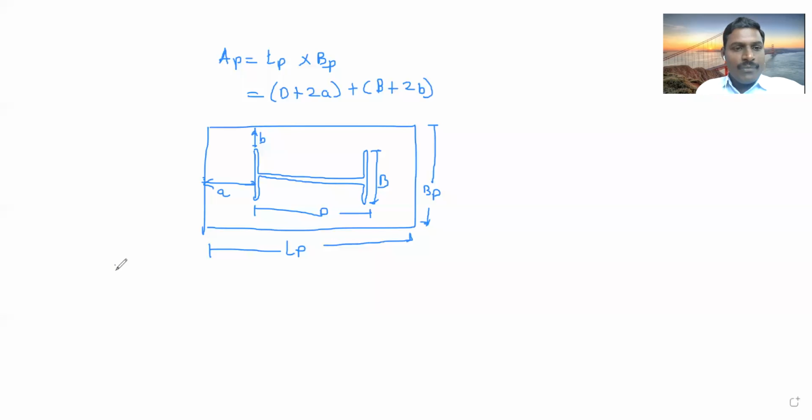Now, LP is equal to what? Write down, LP is equal to length of base plate in mm. So how do we calculate this LP now?